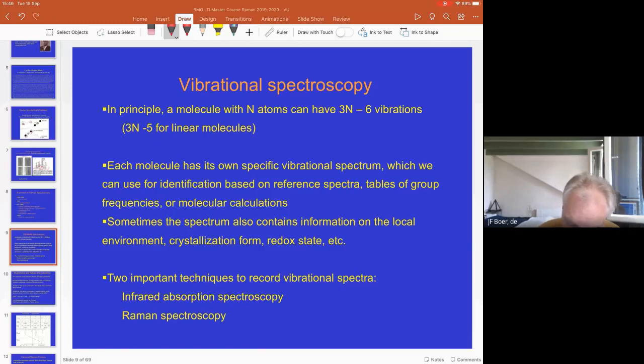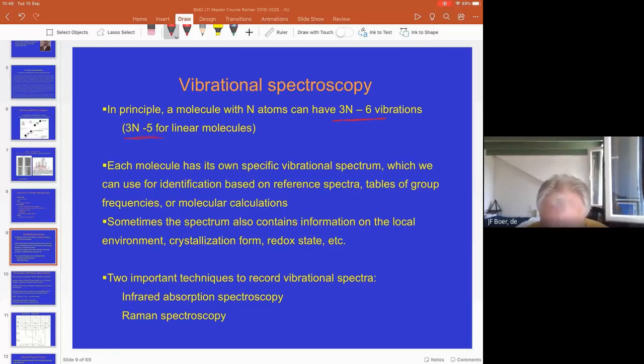And then you can show that the number of vibrations that are present in a molecule is 3n minus 6, where n is the number of atoms in the molecule. And it's actually a little bit higher for linear molecules that form a perfect chain. Therefore, the number of vibrational levels is 3n minus 5. That's here.